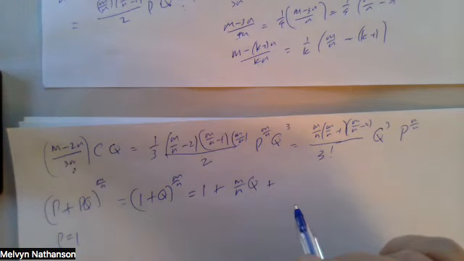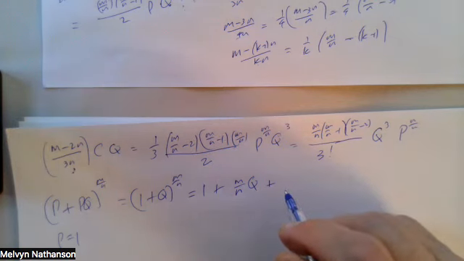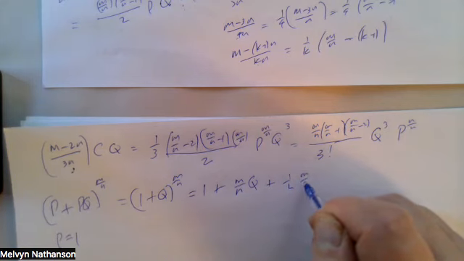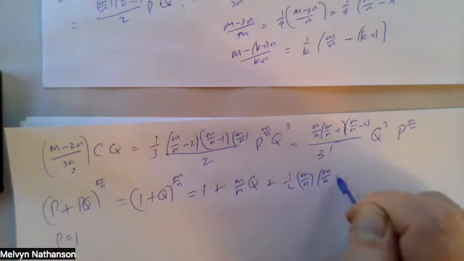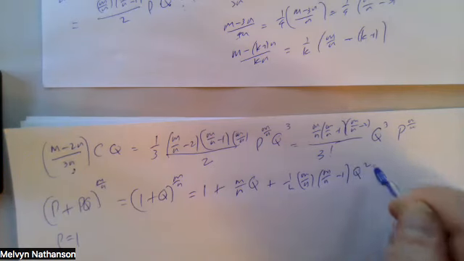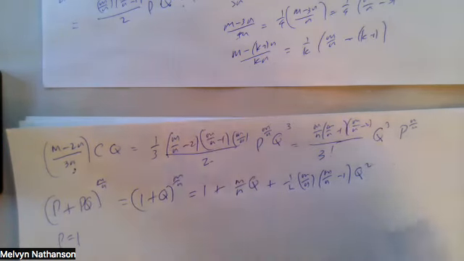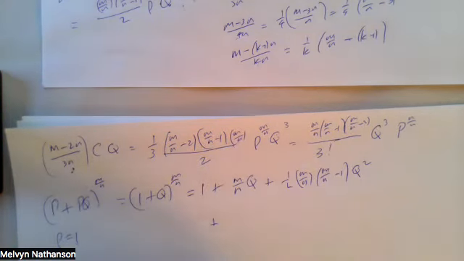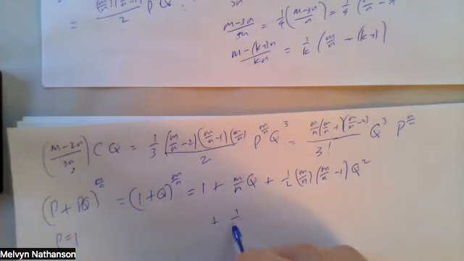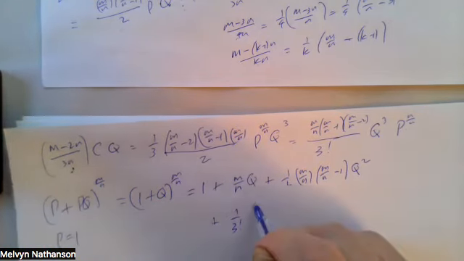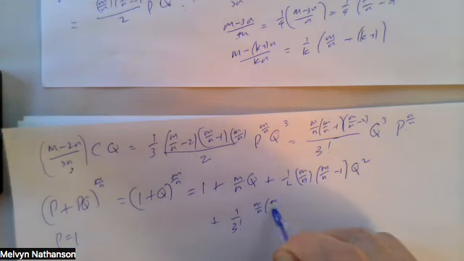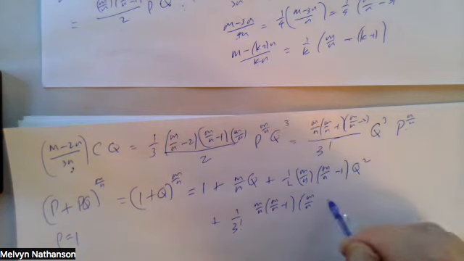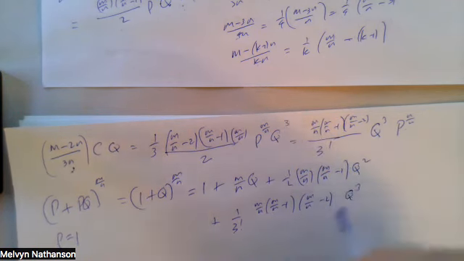The third term was 1/2 (m over n minus 1) q squared. The next term, when p is 1, is 1 over 3 factorial, (m over n minus 1), (m over n minus 2) q cubed.